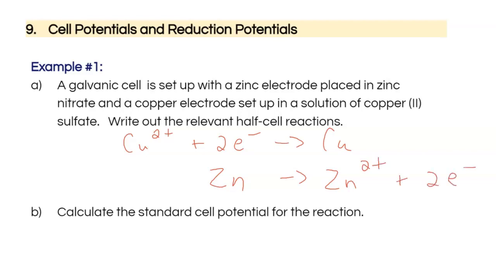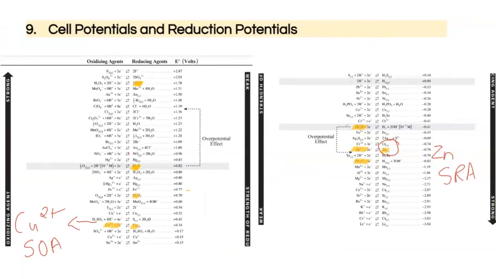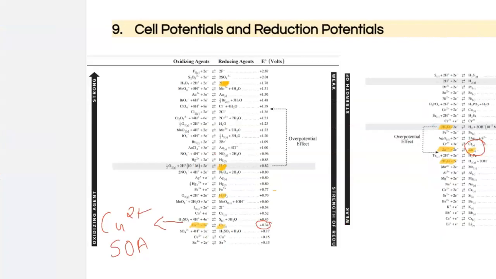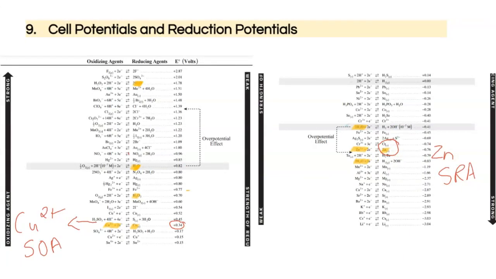Those are my two half cell reactions. When I look on my chart, I can see what the standard cell potential values are here. I can see positive 0.34, so I can write that out. And then I'm going to see the same value for my zinc. For zinc, I'm seeing negative 0.76.